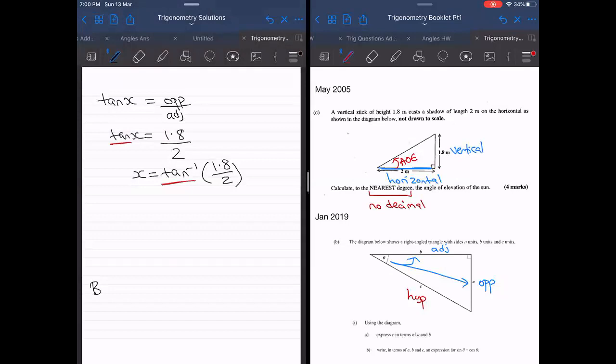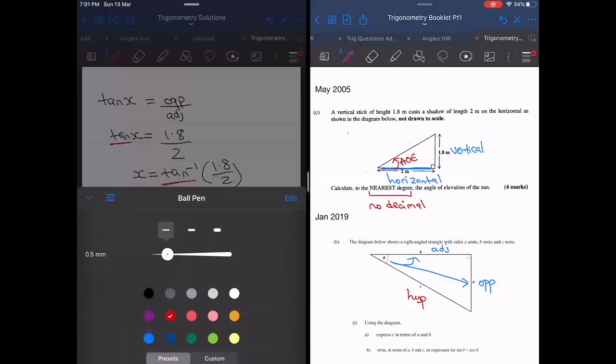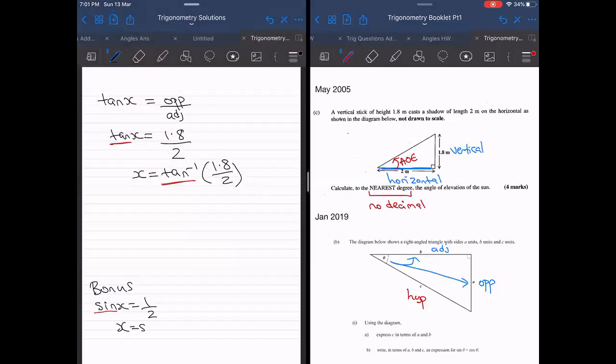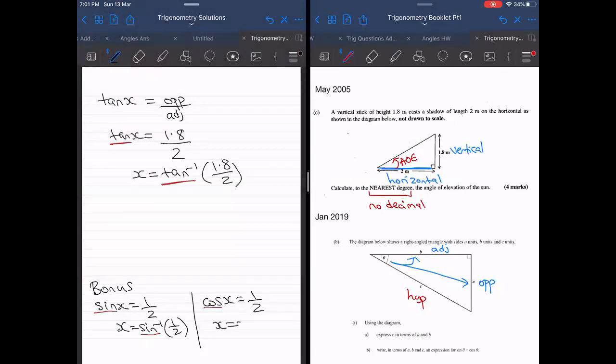So as a bonus, if I have that sine x is equal to a half, if I want to get rid of the sine, I have to sine inverse the other side. And I'm going to show you how to put that in a calculator. If I have cos x is equal to a half, to get rid of cos, I have to cos inverse the other side.